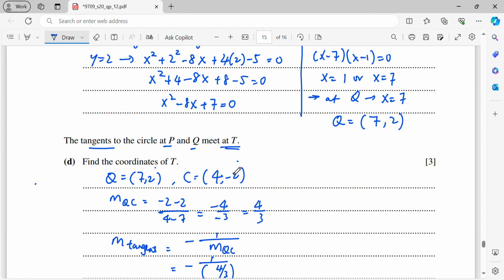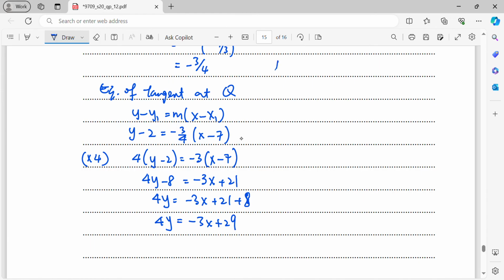Okay, now it's mentioned that both tangents meet at T. So now I have to solve the simultaneous equations. I will let 4y equals negative 3x plus 29 be the first equation.